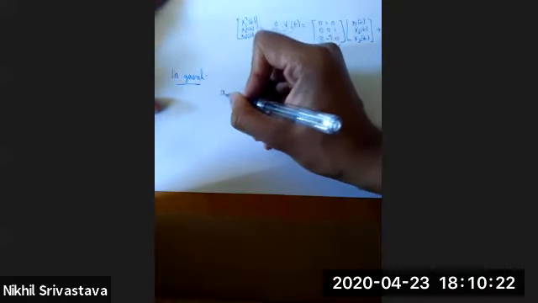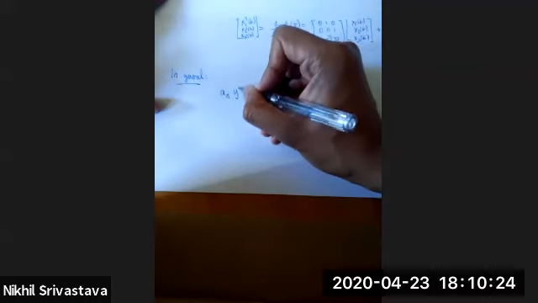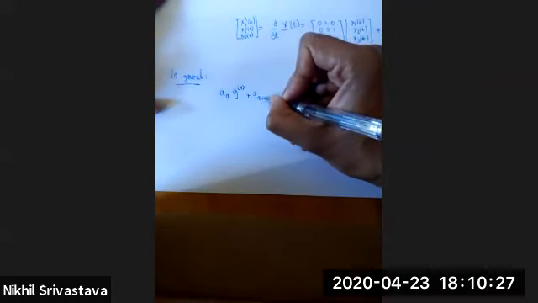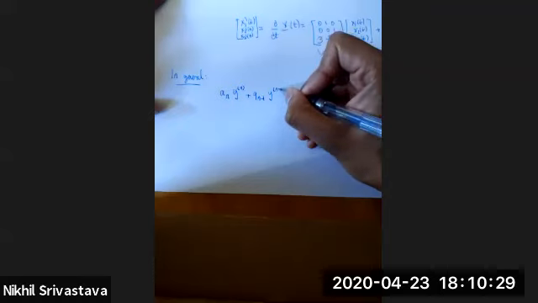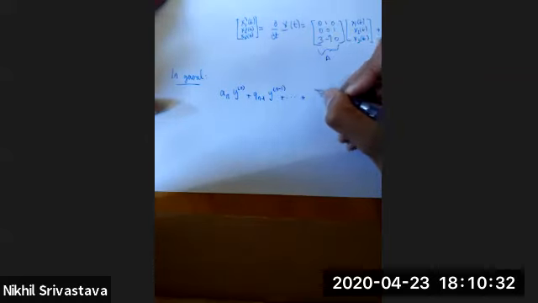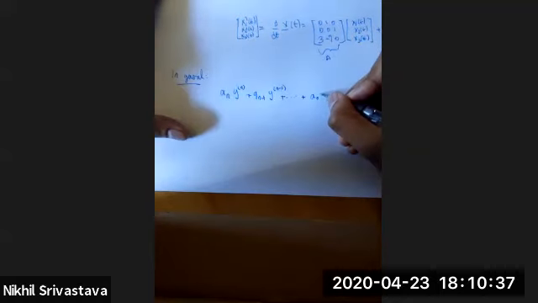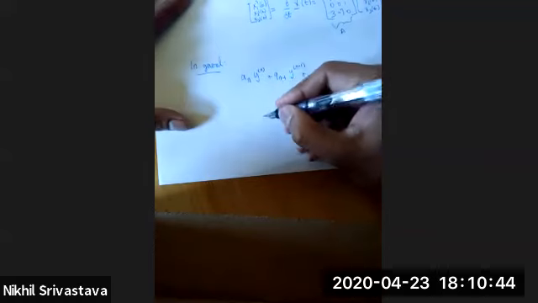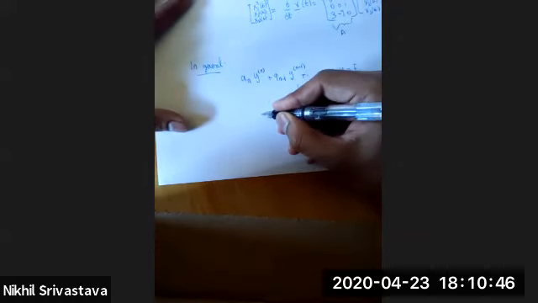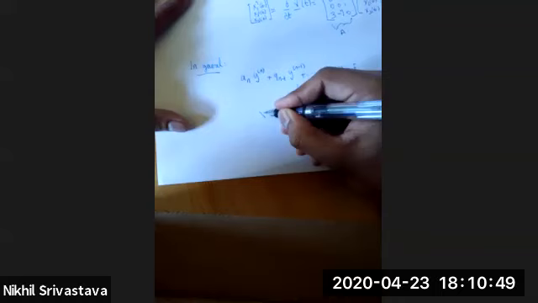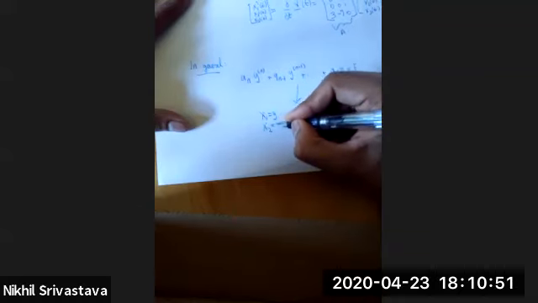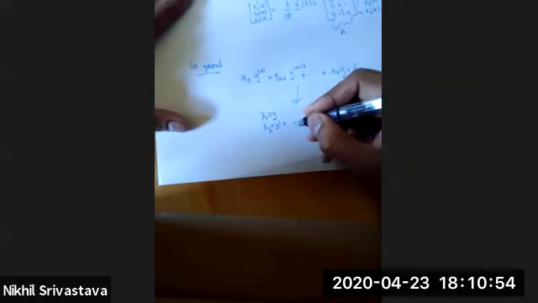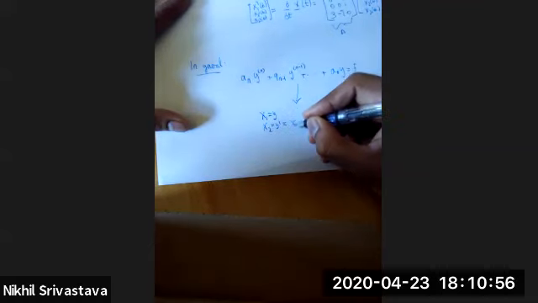So in general, if you have an nth order ODE like the nth derivative of y plus a_(n minus 1) times the (n minus 1)th derivative of y all the way up to a naught y equals f, you can turn this into n equations by making the following substitutions. So x1 is equal to y, x2 is equal to y prime, which importantly can be written just as x1 prime.